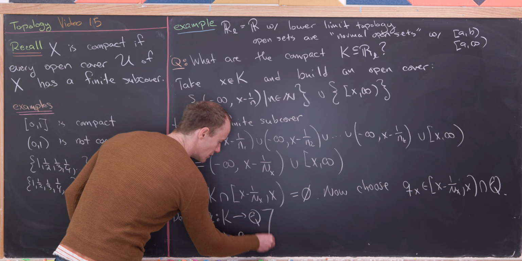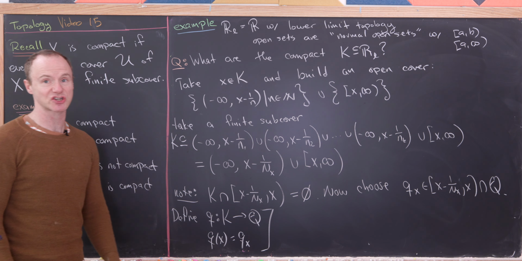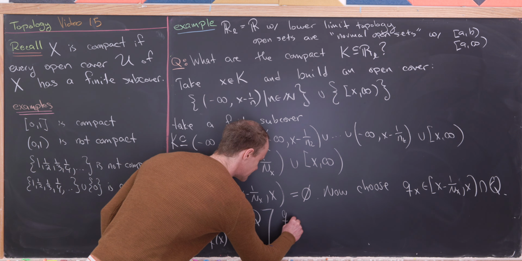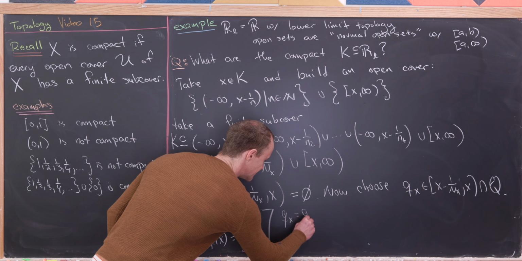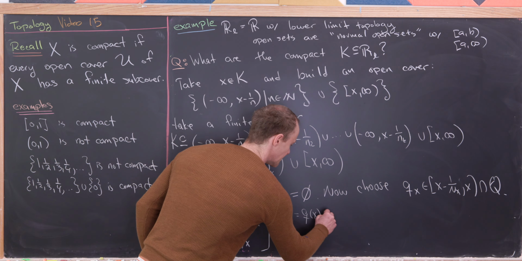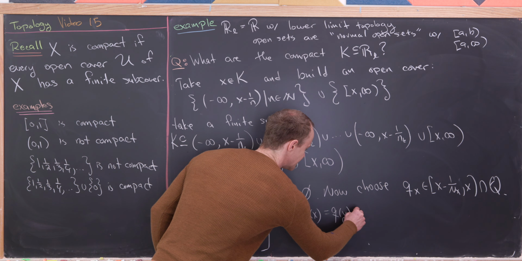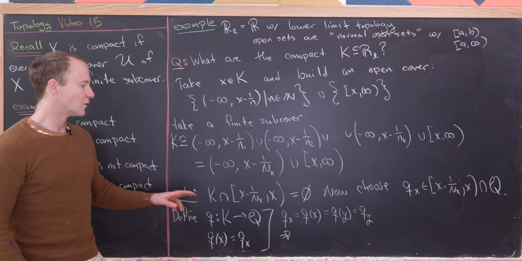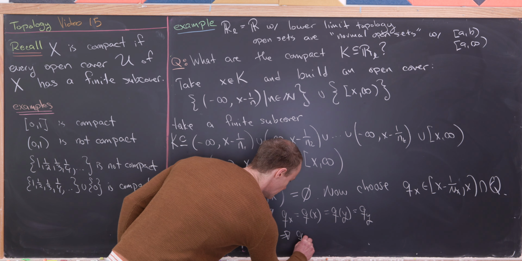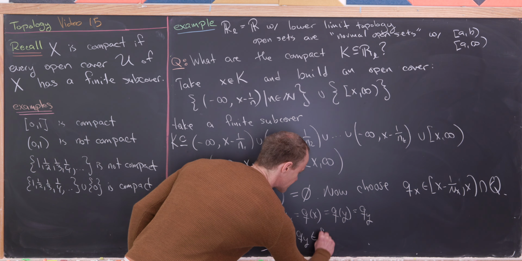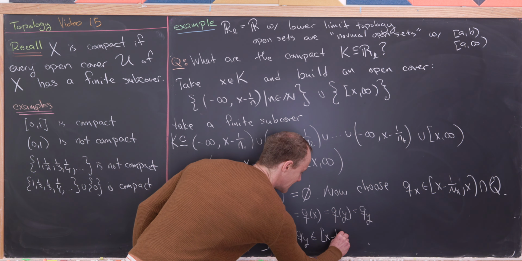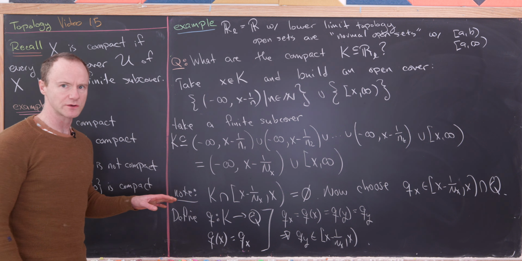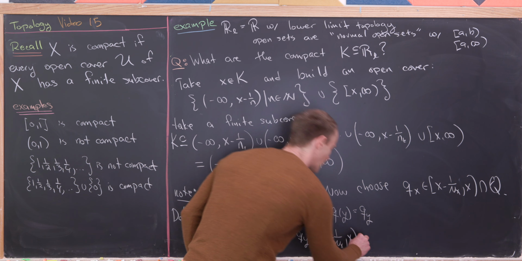But now I'd like to note that in this case, q is actually injective. And we can see that q is injective because if q sub x, which is equal to q of x, is equal to q of y, which is equal to q sub y, then what does that tell us? Well, that tells us that q sub y comes from the interval from x minus 1 over n sub x up to x. But then it also comes from the interval defined off of the y.